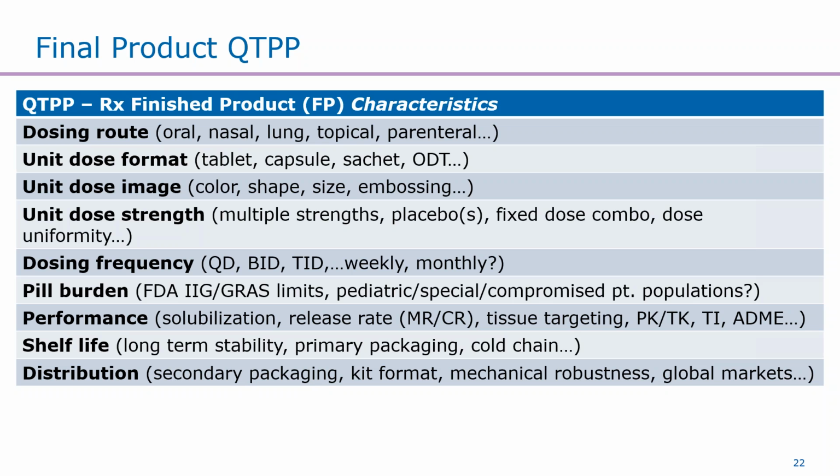There's also performance of the drug product, which, in the whole application of the spray-dried dispersion technology, is typically towards solubilization, but could also include things like modified and controlled release, specific tissue targeting, or specific pharmacokinetic performance parameters.